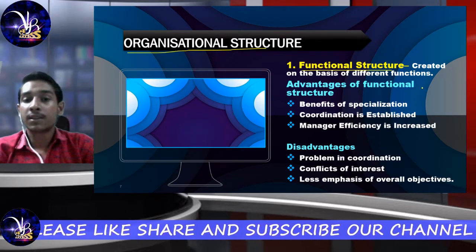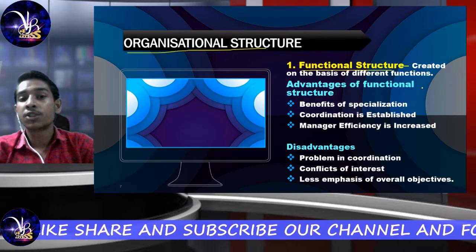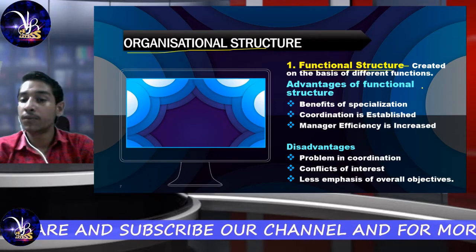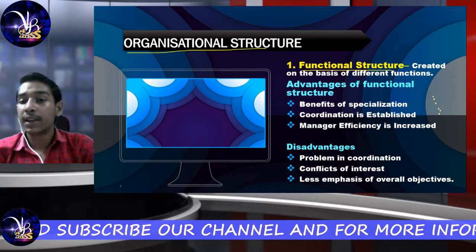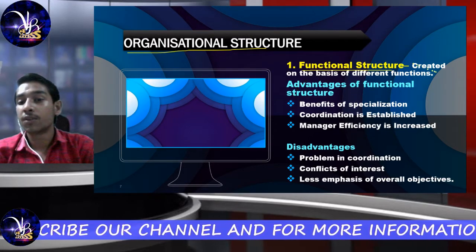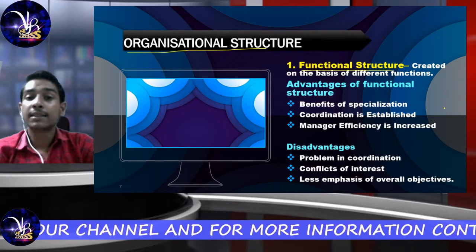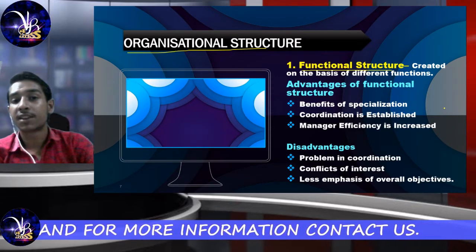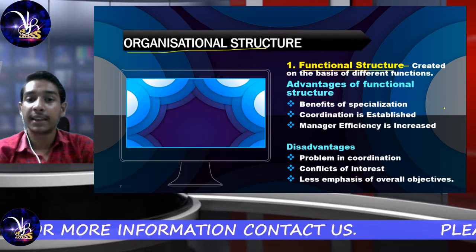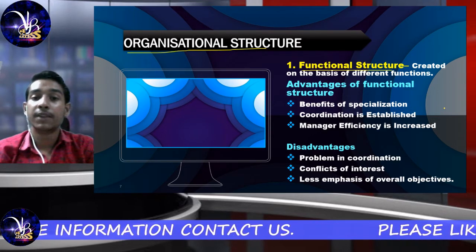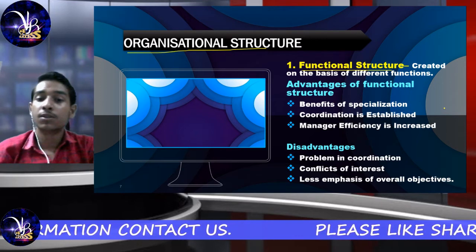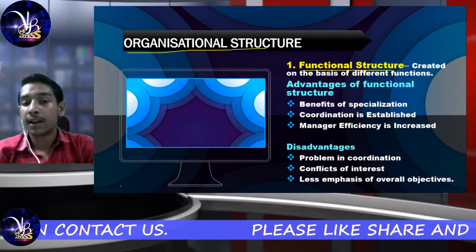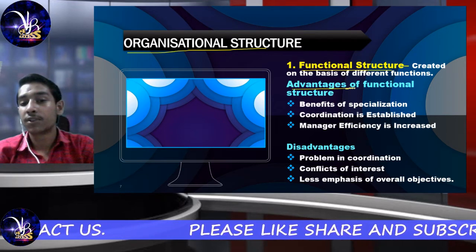So firstly let's discuss functional structure. What is the meaning of functional structure? It is created on the basis of different functions. As its name refers, functional structure is the structure that is created on the basis of functions. So there are advantages of functional structure.